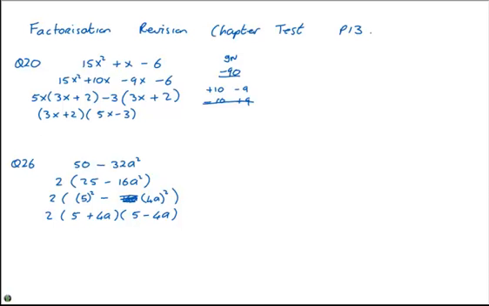Next question is 30. So again, as you look across that, you get an indication that maybe there's a quadratic in there that could be factorized, but clearly what's stopping you is that there's extra variables in there.